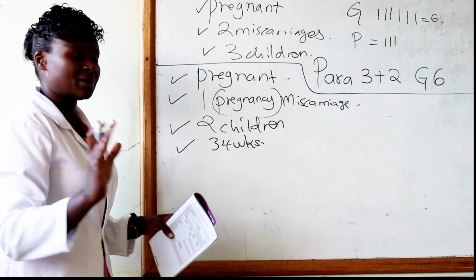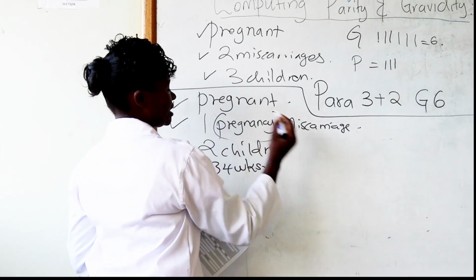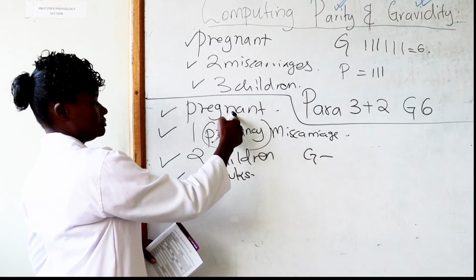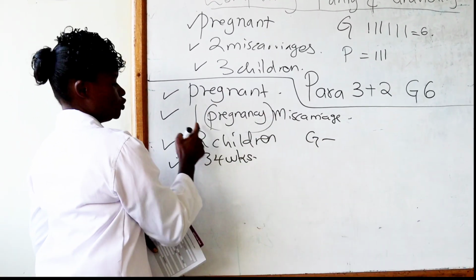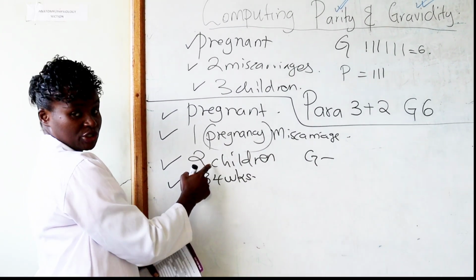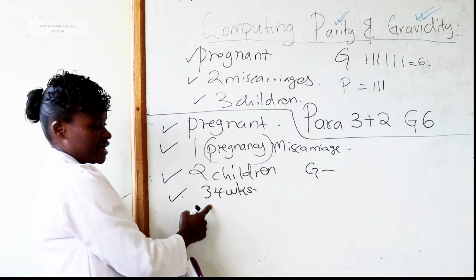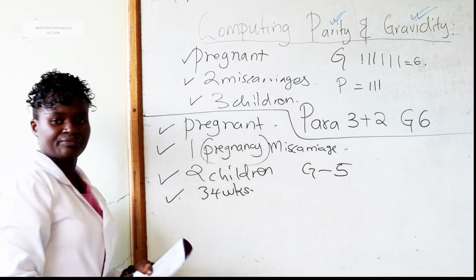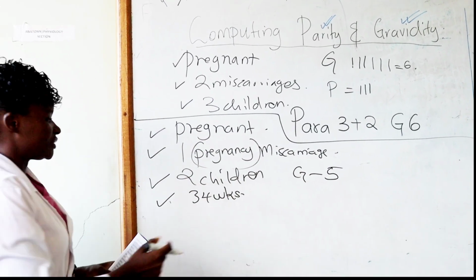So let's count the gravidity. There is 1 pregnancy, 1, 2 children, 3, 4, and then 5. So gravidity is 5. Then let's compute the parity.